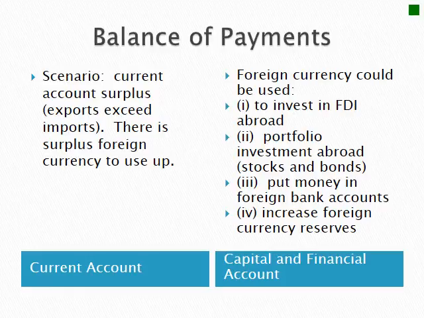Then on the other side, the capital and financial account, is where we're going to use up this surplus currency. We could use it to invest in foreign direct investment abroad, or portfolio investment abroad, stocks and bonds. We could put money in foreign bank accounts, or you can keep it within your own country, in this case China, but it's taken out of circulation and put into the foreign currency reserves.